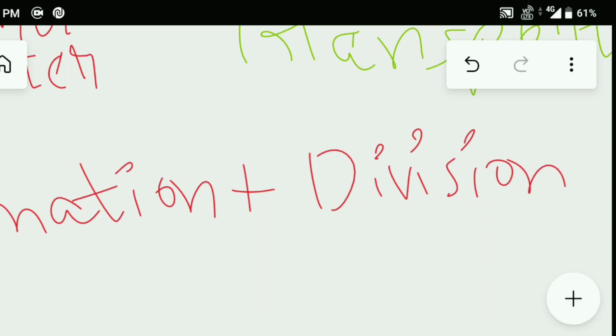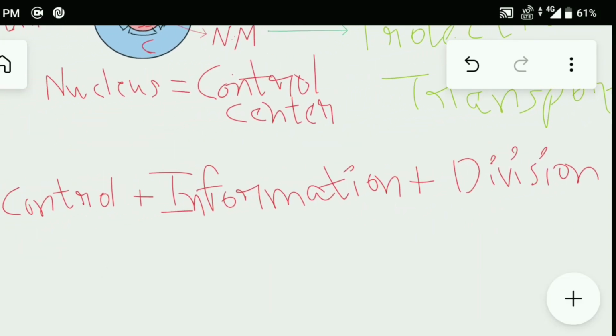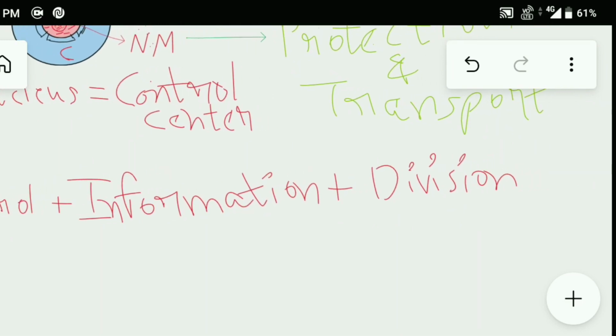It controls the cell, it contains information in the DNA, and it also helps in cell division.